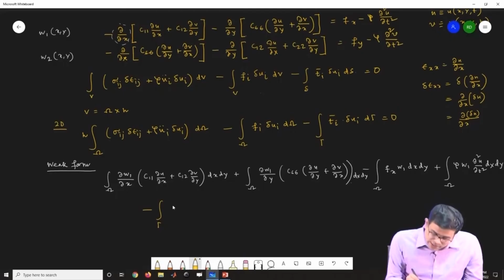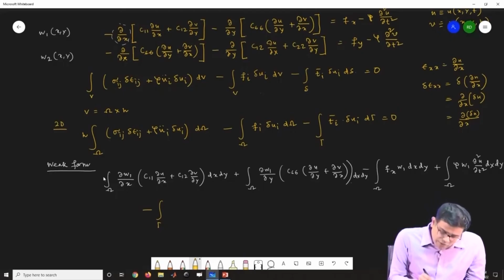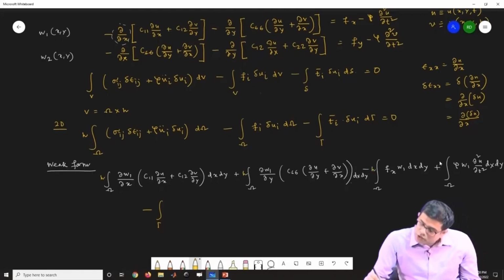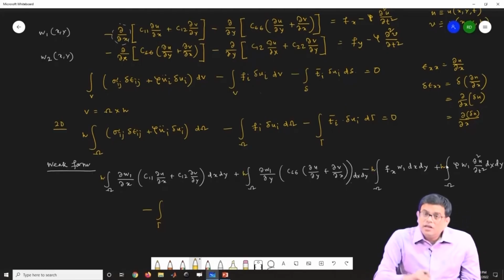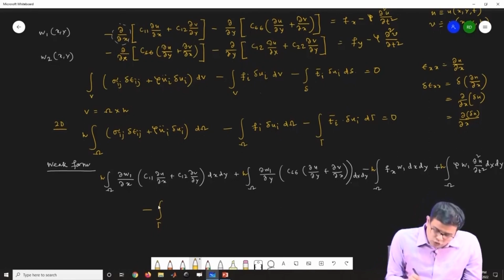Here again this quantity will be multiplied with the h, always multiplied with the h, because we have converted the 3D to a 2D problem. Now omega is my 2D domain, so the boundary term will also have the h.